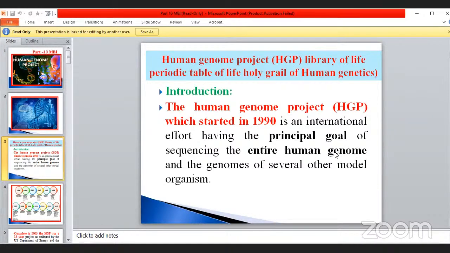What is the main goal of this Human Genome Project? Each and every human being has their own specific genome, isn't it? But they want to know the entire human genome of any one human being, what specification it has.